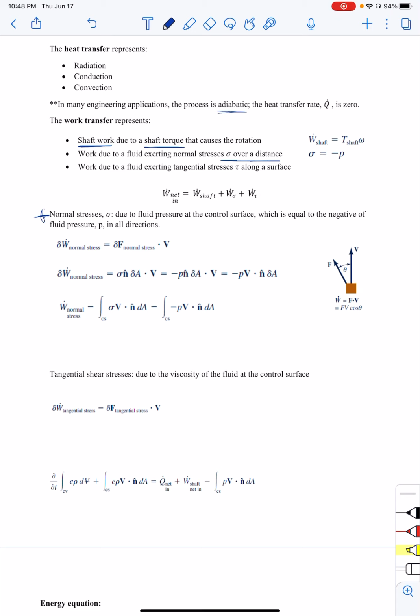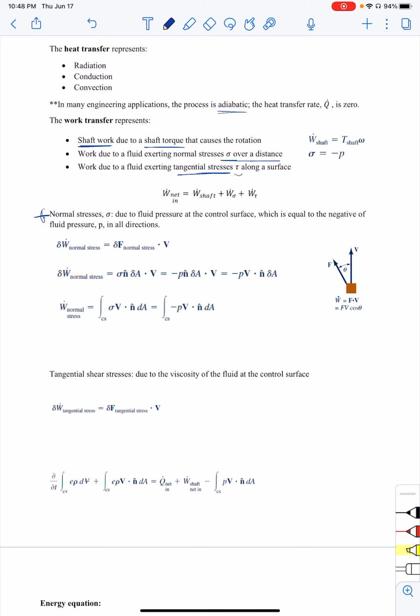So let me just go to the other work that we're gonna have. The other work that we have is due to a fluid exerting tangential stress tau along a surface.